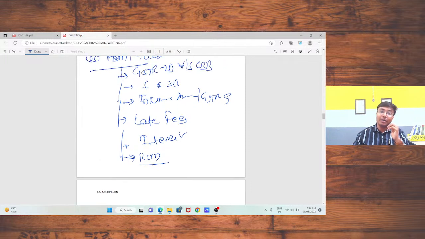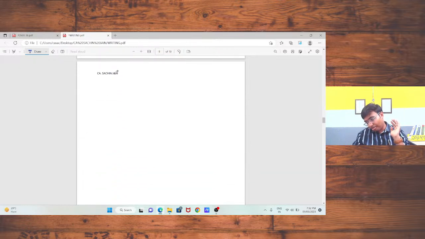In these cases, the department will issue form GST ASMT 10 for scrutiny of return. Okay, sir. If someone has got GST ASMT 10, then what to do?